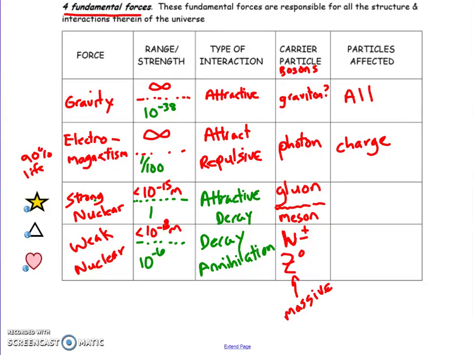The strong nuclear force, on the other hand, only affects gluons. In other words, the force particles interact with themselves, which makes the strong nuclear very, very odd, and it only affects quarks, or hadronic materials. Okay, so what we notice it does not affect is leptons.